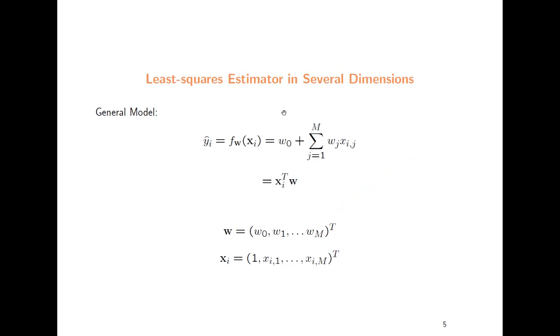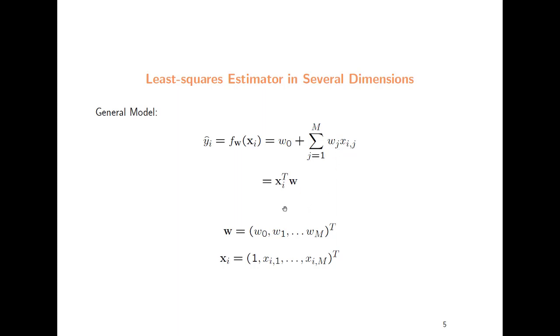So we can write this also in matrix vector form. Here's the function w0 plus the sum over all inputs, so the real inputs, from 1 to m, the inputs which vary with each data point, multiplied by wj.